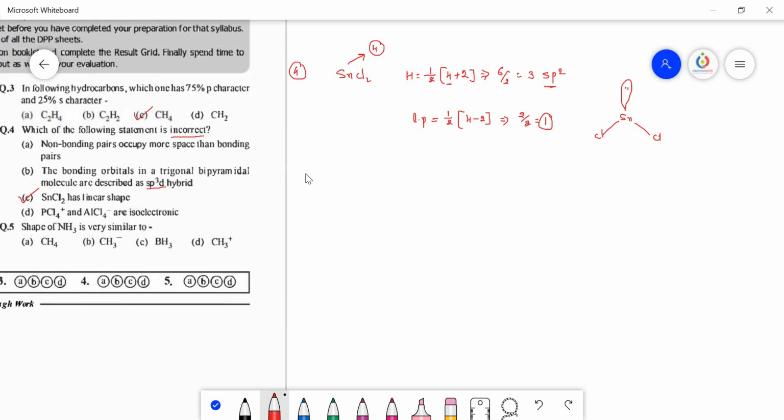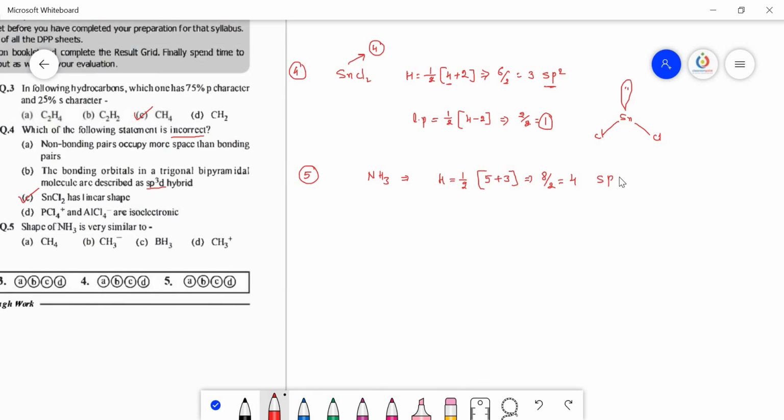And the fifth question is, shape of ammonia is very similar to. First of all we must see the NH3 hybridization. H equals half into valency of nitrogen, which is 5, as it is the 15th group element, plus 3 hydrogens, so 8 by 2 equals 4.